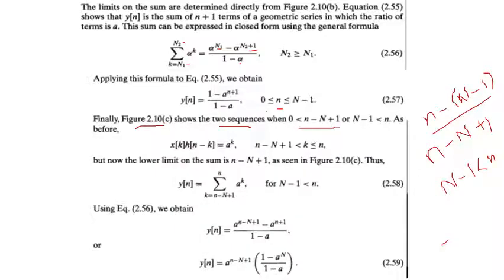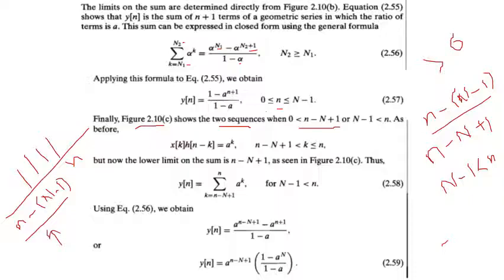In that particular case, obviously we have to define limits for k. This is the point when this n minus 1 becomes greater than 0. We have seen that this point was n, this point was n, and this point was n minus 1. So when this point becomes greater than 0, it means that we will have full overlapping.